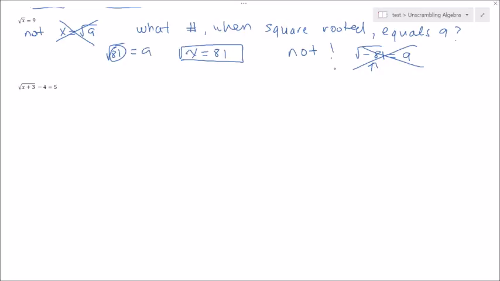All right, now the last one here is a little bit more complicated. But again, we can use the same process here. So let's think about this. What does this have to equal in order for this square root minus 4 to equal 5? Well, the square root of x plus 3, in order to make this true, must equal 9, because 9 minus 4 is 5.